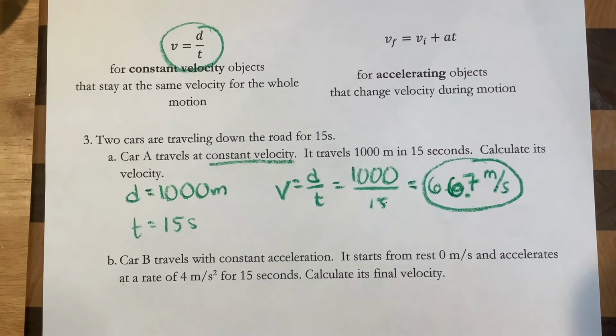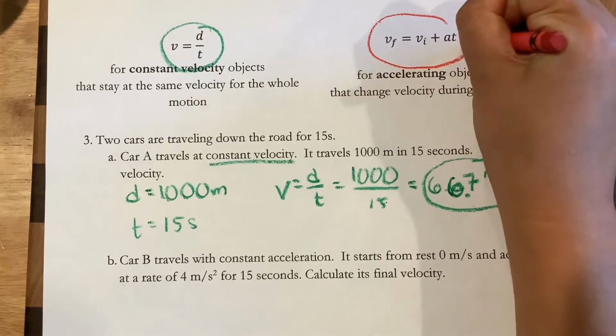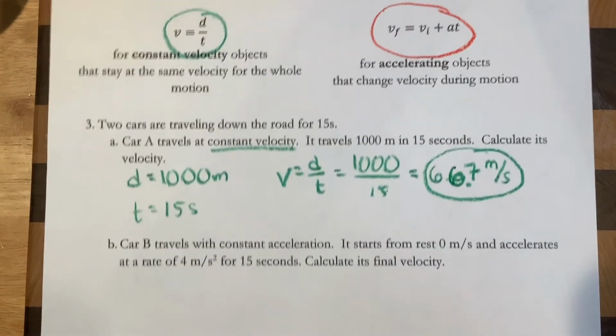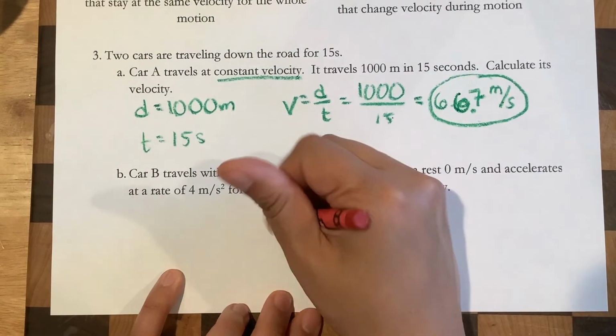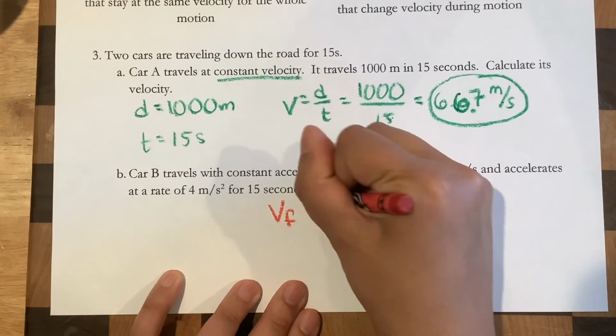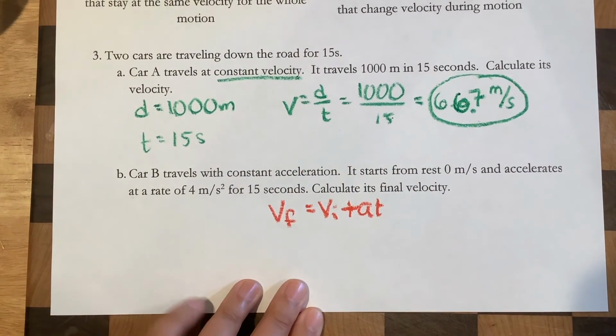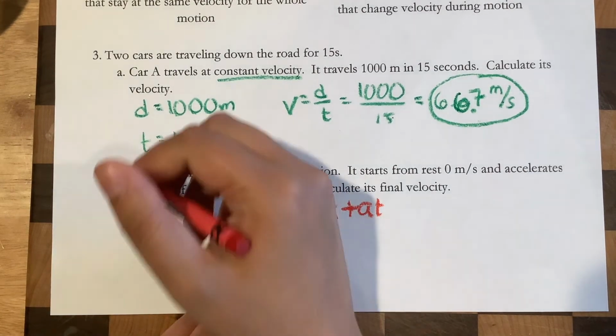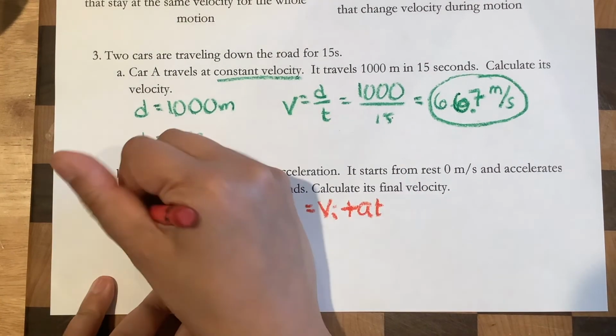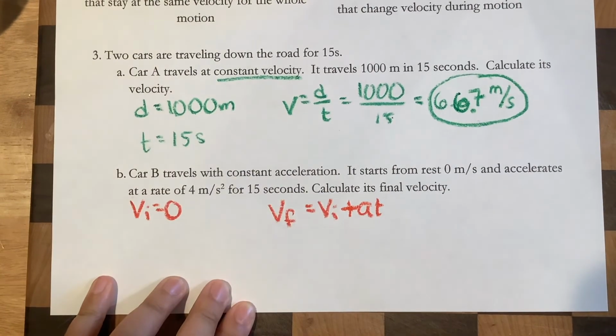B is accelerating, so I'm going to use the other equation. I'm going to write its equation down exactly in the form it was given. Guys, you get a point for just writing down the equation in the form that it was given. Don't miss that point. We know that it starts from rest, so that's VI is 0.